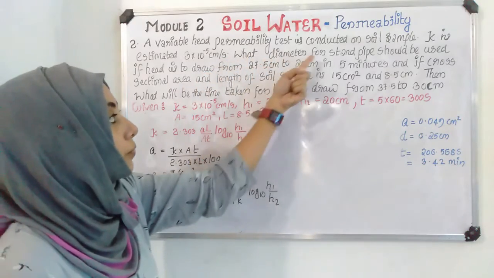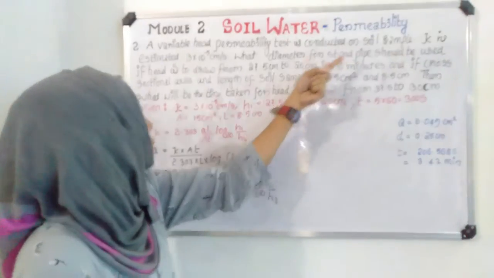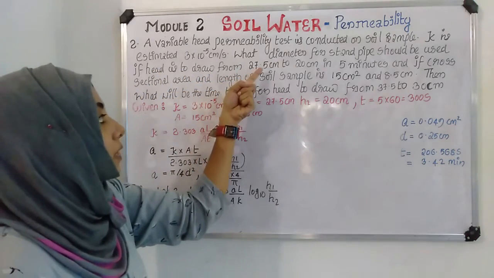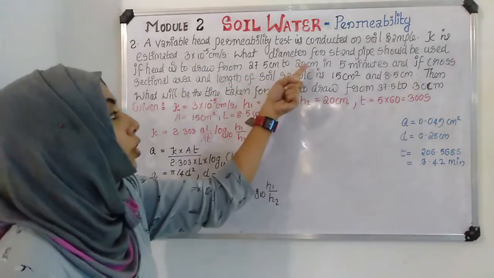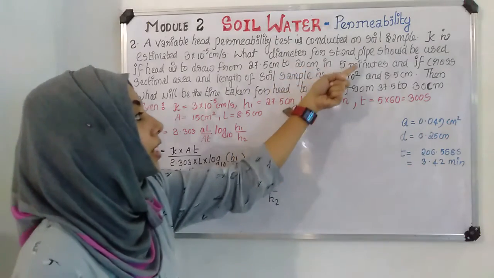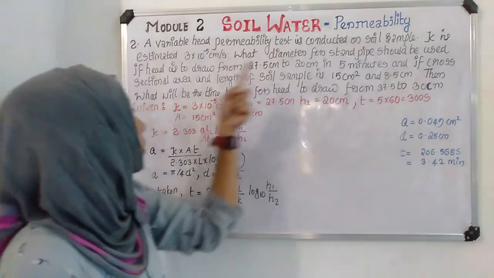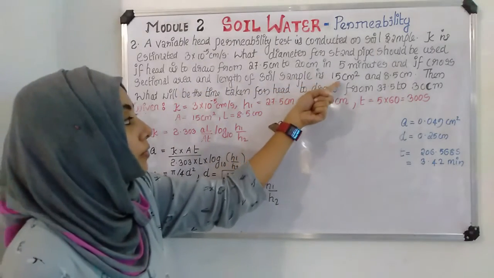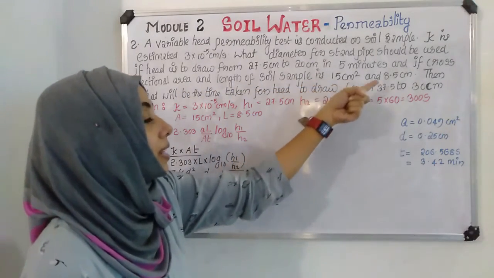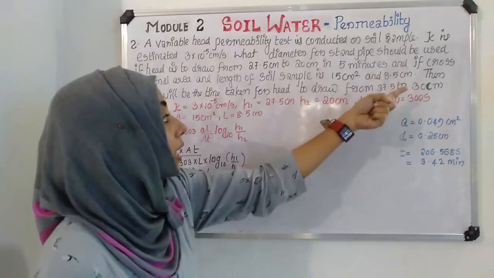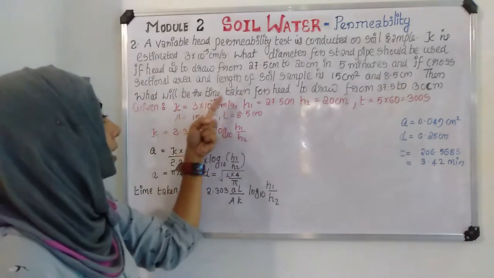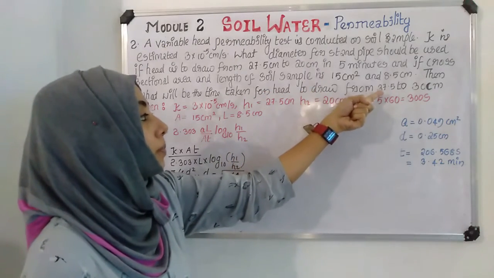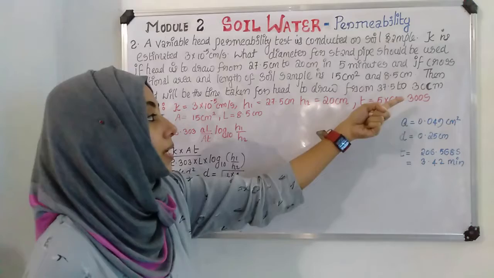What diameter for the standpipe should be used if head is to be dropped from 27.5 centimeter to 20 centimeter in 5 minutes, and if the cross-sectional area and length of the soil sample are 15 centimeter square and 8.5 centimeter, then what will be the time taken for the head to drop from 37.5 to 30 centimeter?